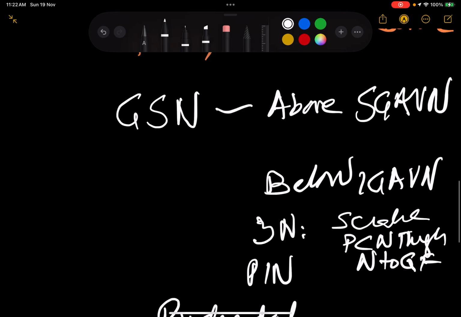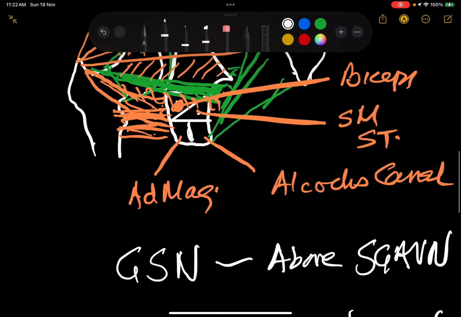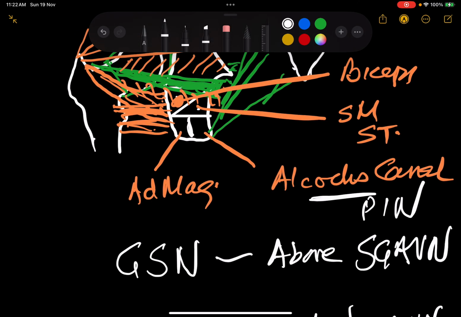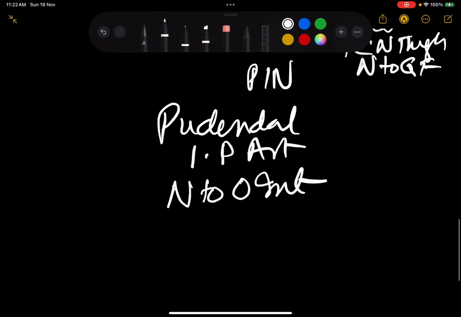These pin structures pass through the Alcock's canal. They lie in the Alcock's canal. And this Alcock's canal is in the anal triangle, lateral to the ischiorectal fossa, and that supplies the anal canal. So this completes the posterior portion.